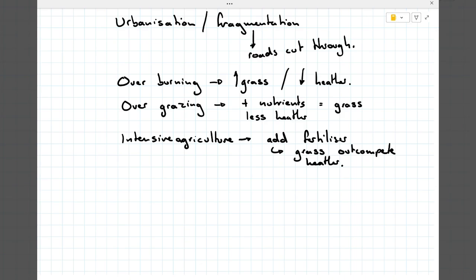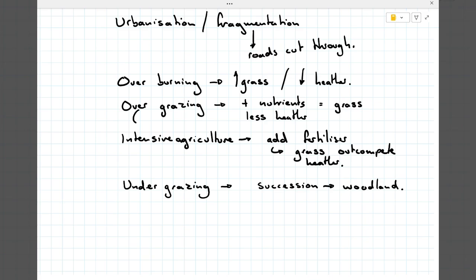You also can have undergrazing, which sounds a bit strange, given I just said about overgrazing. But if you don't have a farmer who keeps a few cattle or horses on it, then this might mean that succession takes place, and we end up with woodland in place of the heathland.